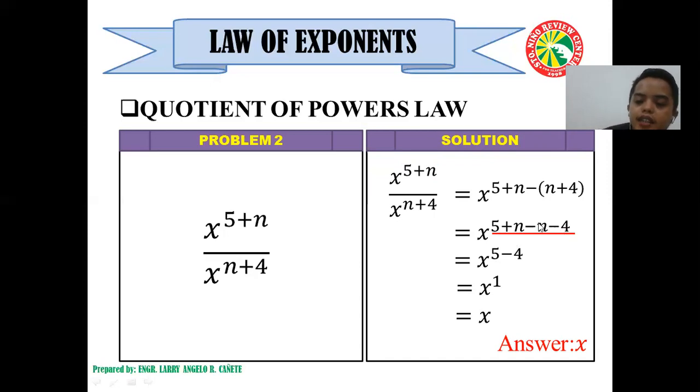Your n here will be cancelled because n minus n is 0. The remaining is now 5 and negative 4. So 5 minus 4 is equal to 1. Or we say that it is equal to x. Understand that if you have x, the exponent or degree of that is 1. So the final answer is x.